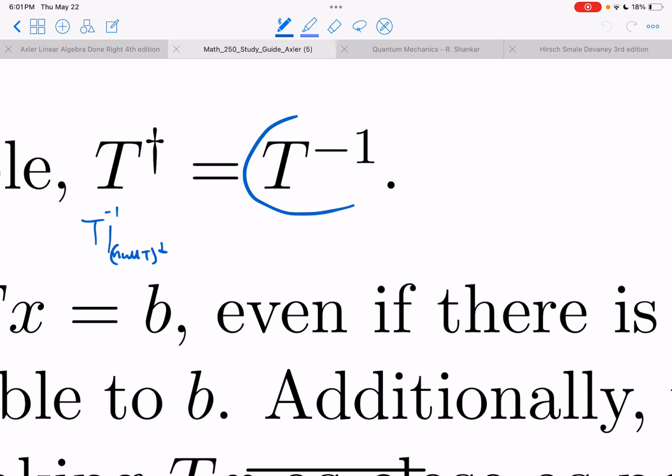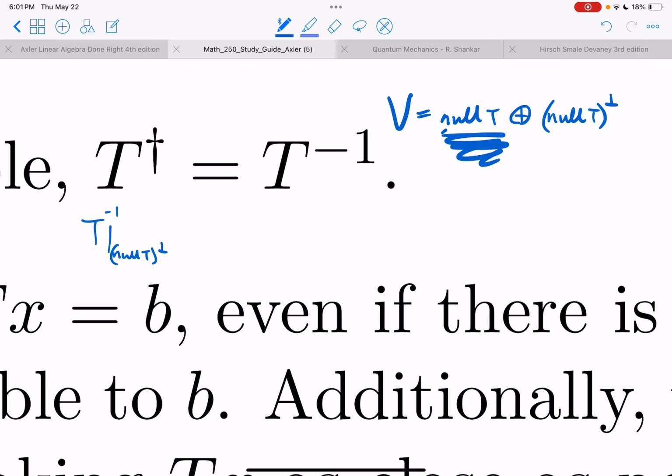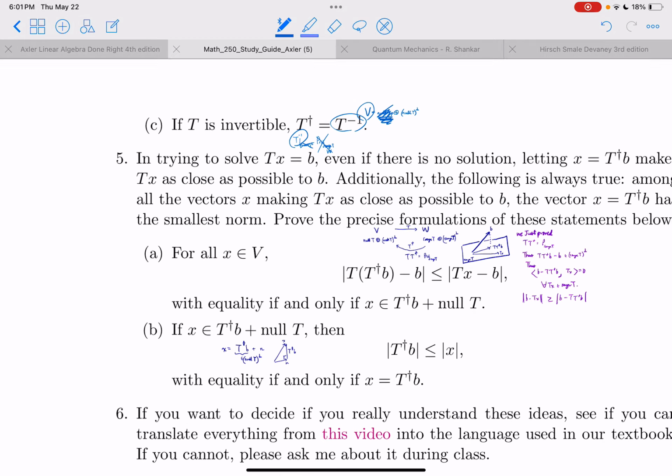But if T is invertible, then when we take v and we do null of T plus null of T perp, this piece is just 0, meaning that v is this whole thing, and so T restricted to that thing is just T. And projecting onto the range of T, this is invertible, so the range of T is the entire space W. So projection doesn't do anything, and then this doesn't do anything, and so we just get T inverse.